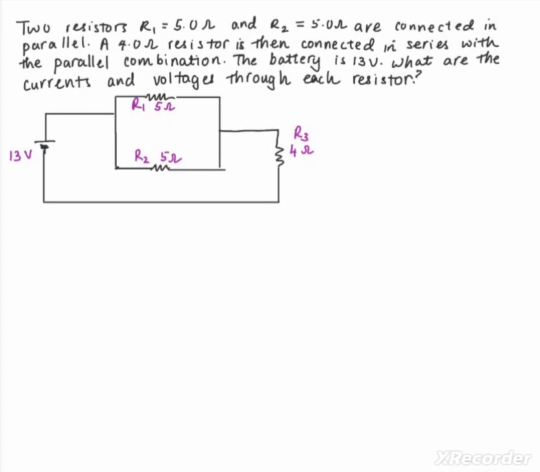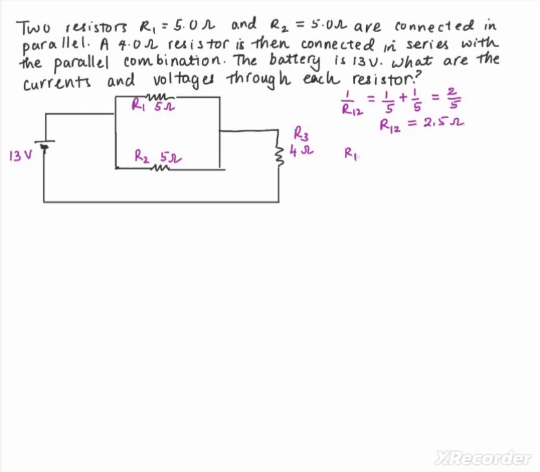So first of all, let's just find the equivalent resistance. So we know that R1 and R2 are in parallel. So that is R12, 1 over R12 equals 1 over 5 plus 1 over 5. That is 2 over 5. So R12 is 5 over 2, which is 2.5 ohms.